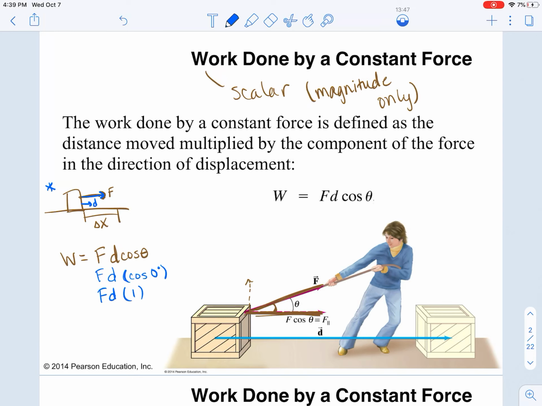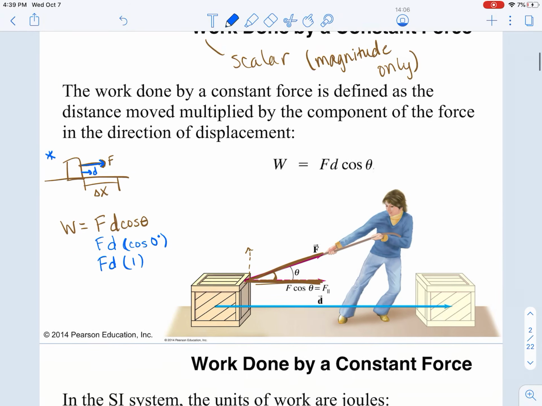So in general, if the object experiences a force like the illustration that I have drawn for you, then it's essentially at face value the force exerted times the displacement experienced, because once we consider that angle, we're just multiplying by 1. Okay? All right.